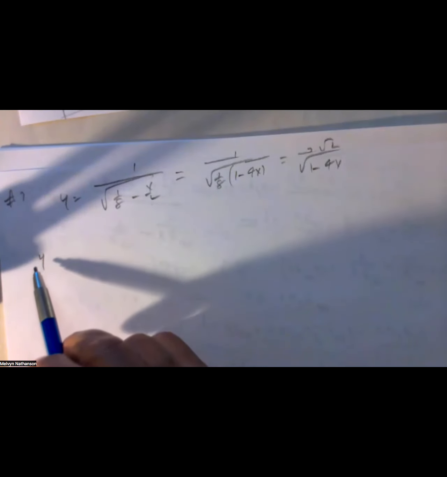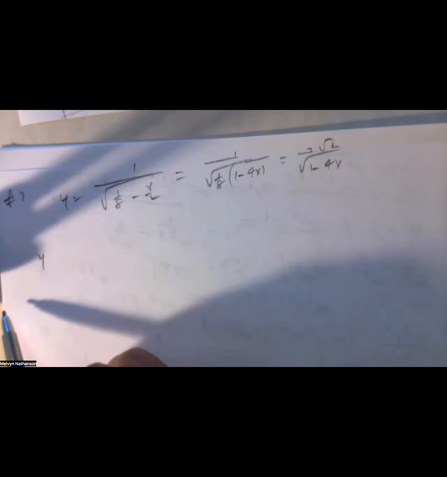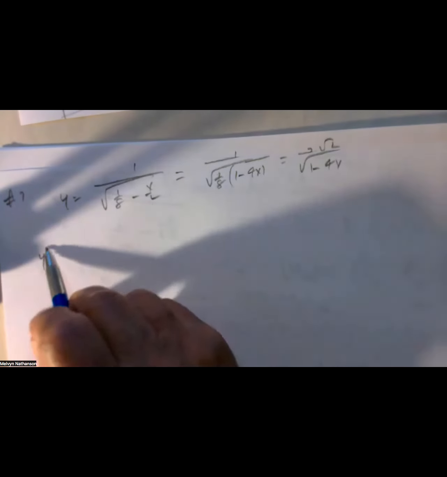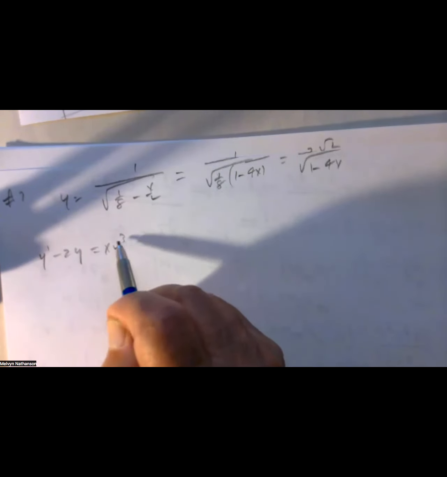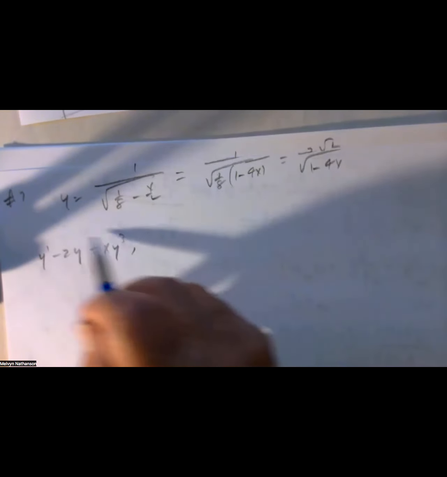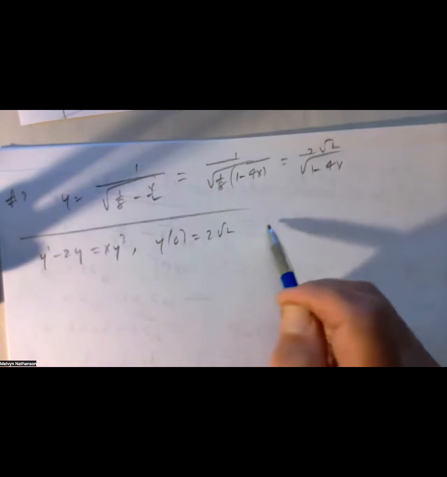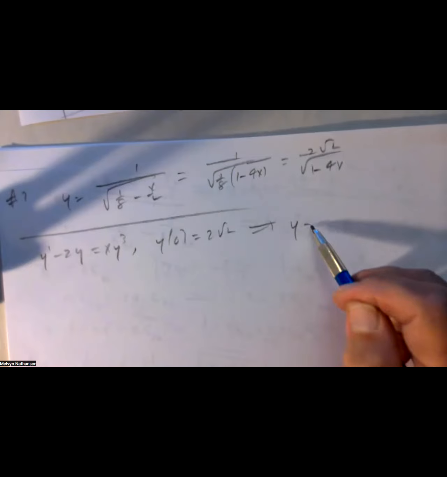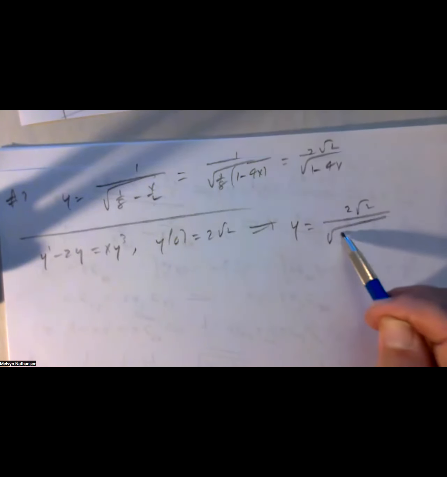So for my differential equation, y prime minus 2y equals xy cubed, with the initial condition y of 0 equals 2 root 2, I get the solution that y is equal to 2 times the square root of 2 over the square root of 1 minus 4x.